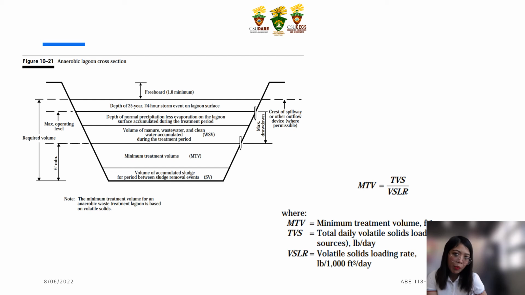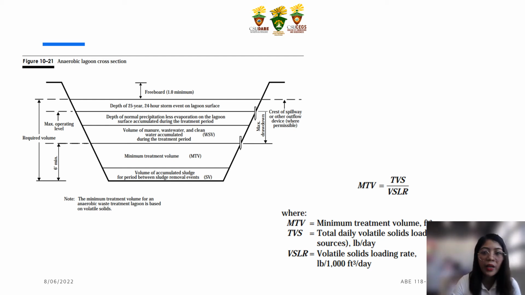Therefore, the acceptable VSLR varies from one location to another. The minimum treatment volume, or MTV, represents the volume needed to maintain sustainable biological activity. It can be determined using the equation MTV is equal to TVS over the VSLR.